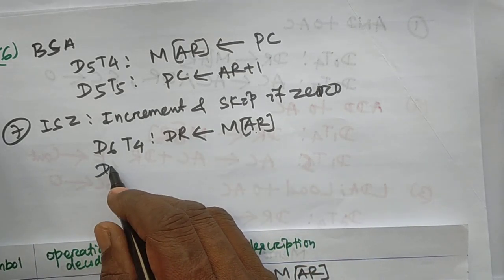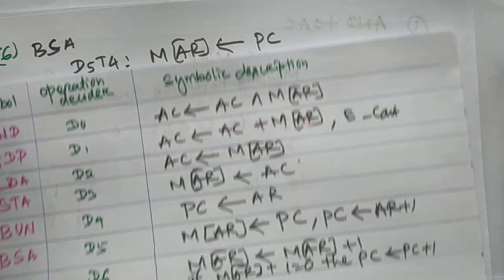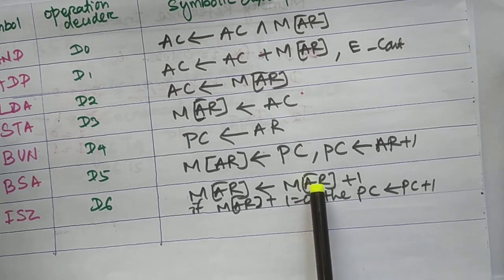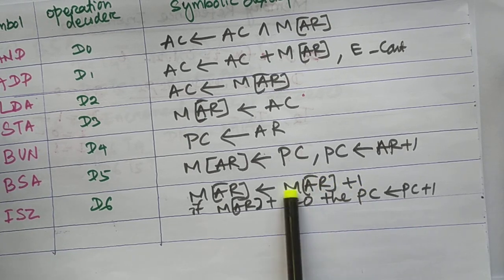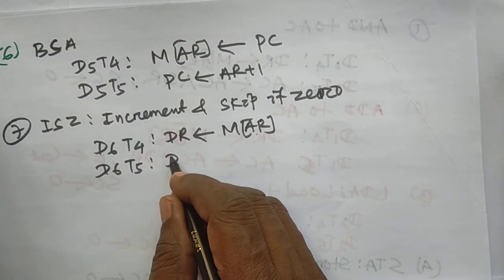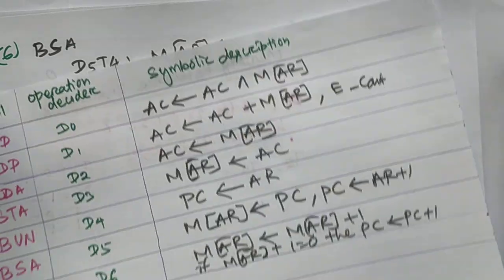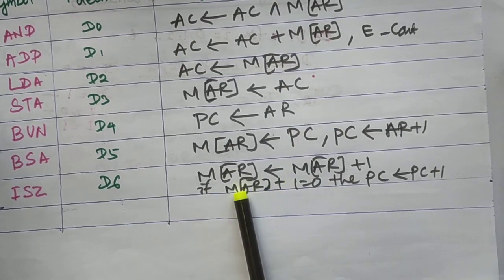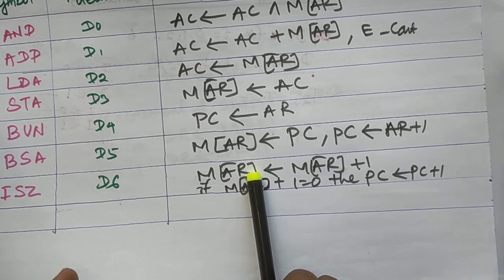At D6 T5, the data will be increased: DR is equal to DR plus 1, because this data is in DR. Next is a condition: DR is 0.